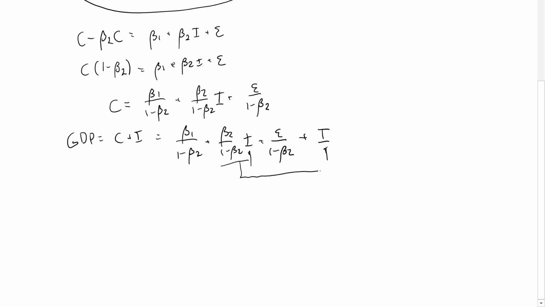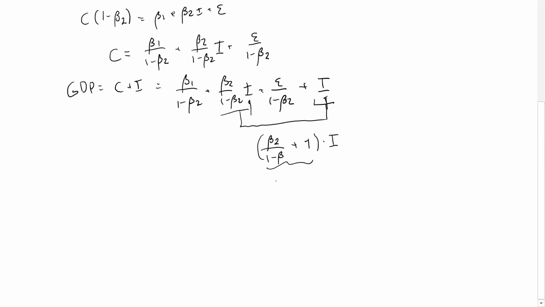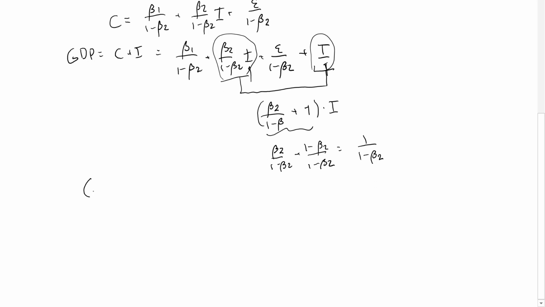So these two terms together can be written as beta 2 over 1 minus beta 2 plus 1, multiplied by I, if we factor out I. And this expression is just beta 2 over 1 minus beta 2 plus 1 minus beta 2 over 1 minus beta 2, which is 1 over 1 minus beta 2. So these two terms together is 1 over 1 minus beta 2 times I. And then we have the other two terms.